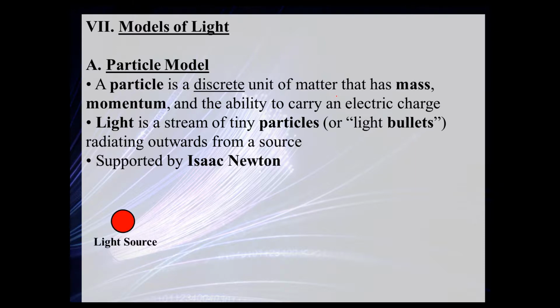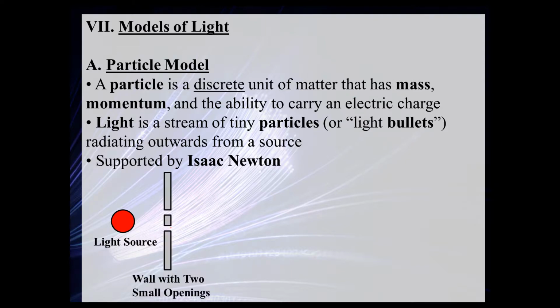What I want to consider is a small little experiment that we're going to much expand in the next lesson. Okay, so I have a light source. Now, according to the particle model of light, from this light source we'd be firing light bullets in every direction. So you fire a bunch of little tiny light bullets being fired in every possible direction from the source. I'm just going to draw a few of them.